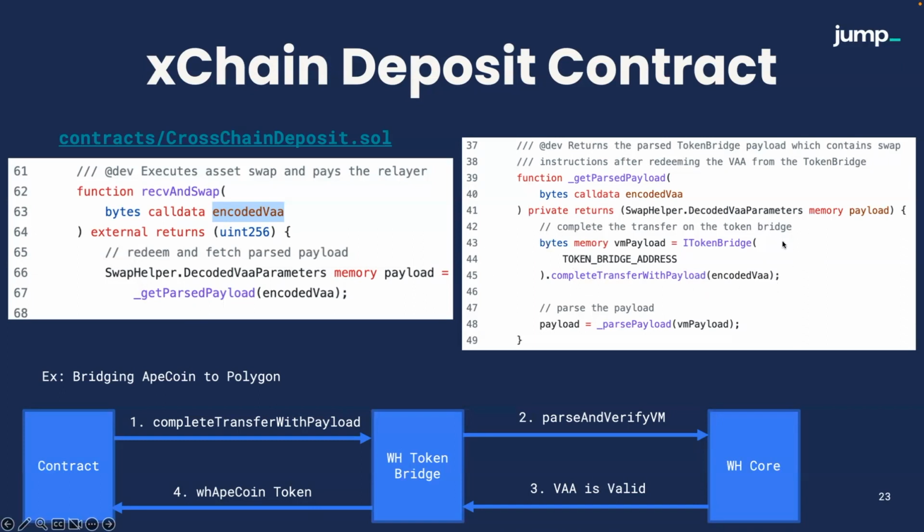Again, this is Solidity, and I'm not sure how familiar you are with how this works, but it's translatable over to CosmWasm as well. This function receives a VAA and calls into the token bridge to verify it. Once the VAA has been verified, the token bridge will return a payload of a custom message that we sent from the source chain, and then we can parse that custom message and take further action on it.